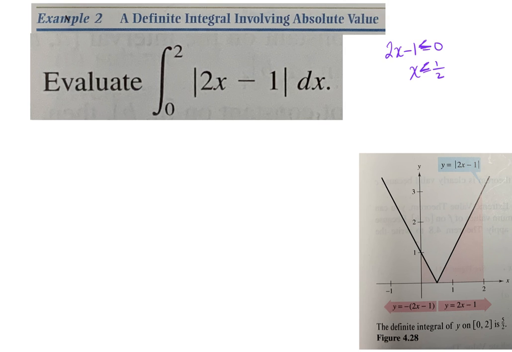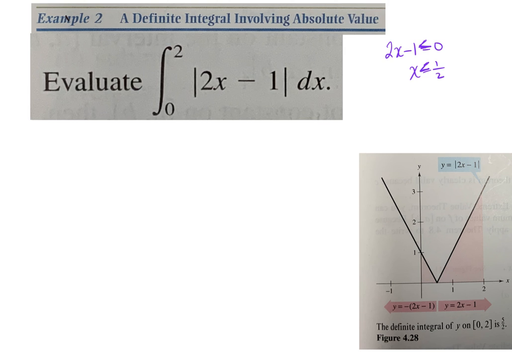Because if I put in, let's say, 0 is less than 1/2, right? My equation is going to be negative. 0 minus 1 is negative, right? And so from 0 all the way up to 1/2, this absolute value function inside of it would be less than 0, right? So from 0 to 1/2, I would have a negative number inside of there, right?